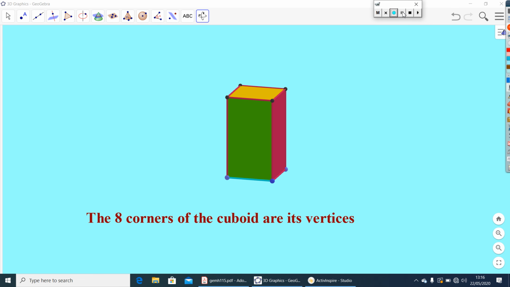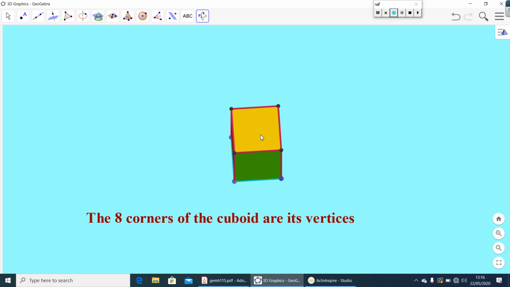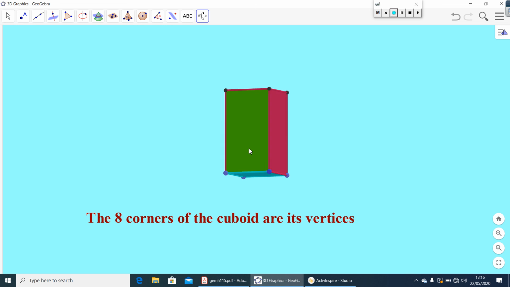Now, how many line segments are used to make the skeleton of this cuboid? Let us check. Here in the top, 1, 2, 3, 4 line segments are used. Now look at the sides. Here 1, 2, similarly this side 3, 4.